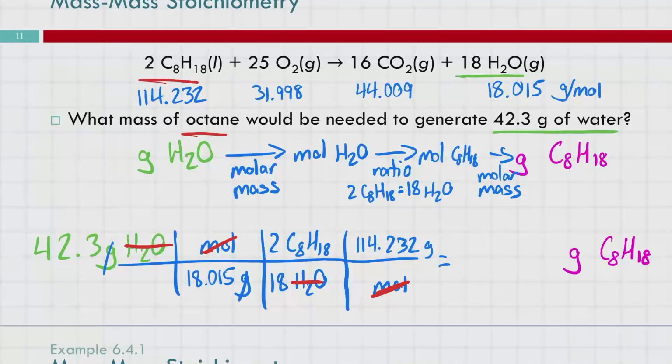And then we multiply everything that's on the top and divide by everything that's on the bottom. So 42.3 times 2 times 114 and change, divided by 18, also divided by the other 18. And we would be left with 29.8 after we round for 3 significant figures. So 29.8 grams of octane should generate 42.3 grams of water.